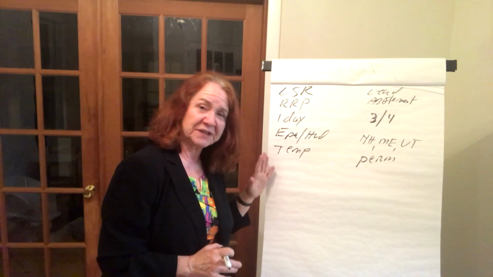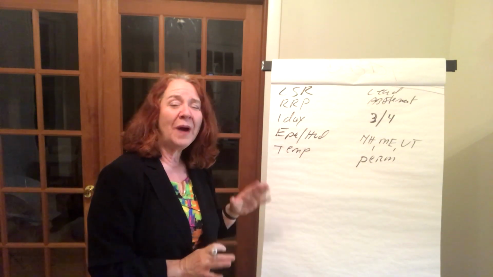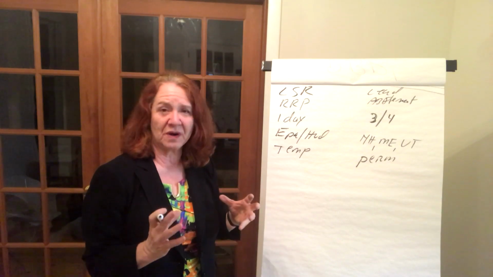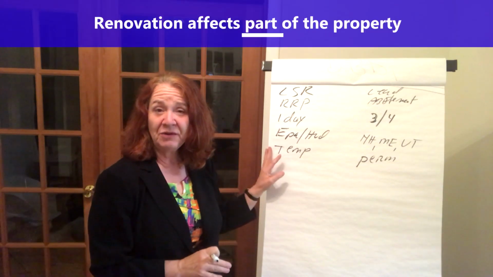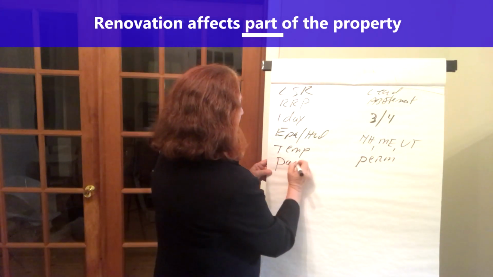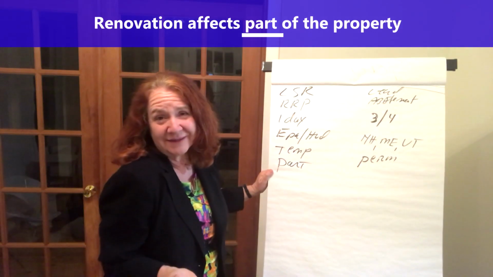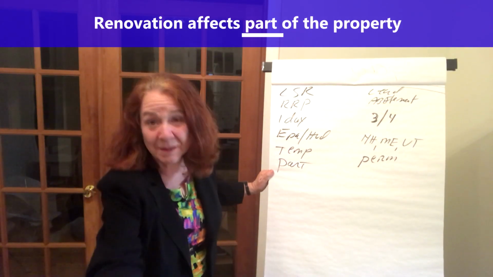Another way to tell the difference between renovation and abatement is what is your scope of work? How much of the property are you working on? General renovation is typically a part of the property, meaning I'm a kitchen remodeler. I don't really care if there are holes in the deck outside and people are falling through. That's not my problem.